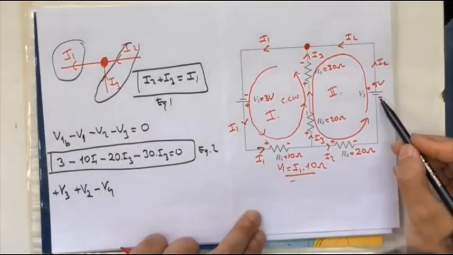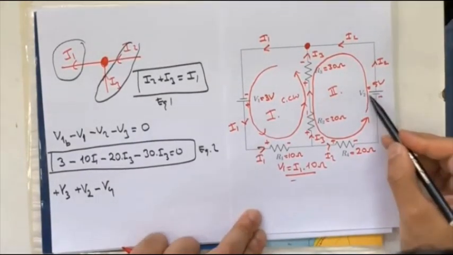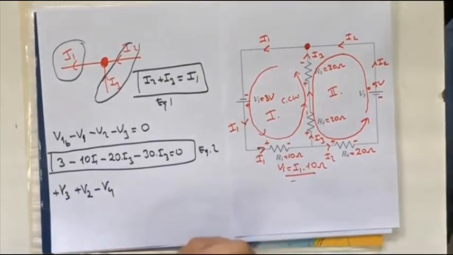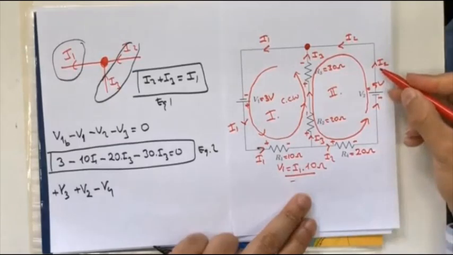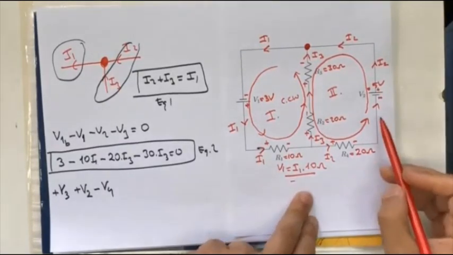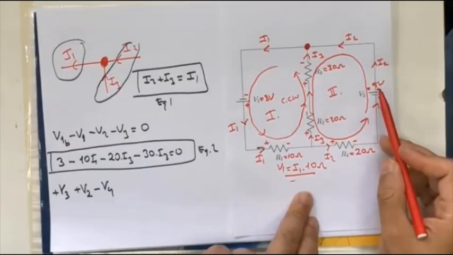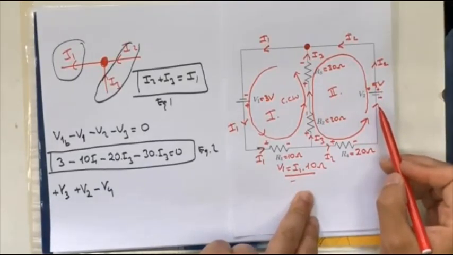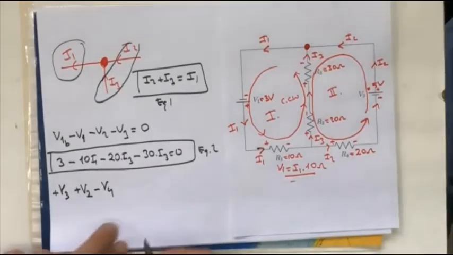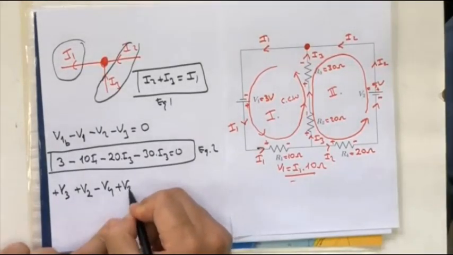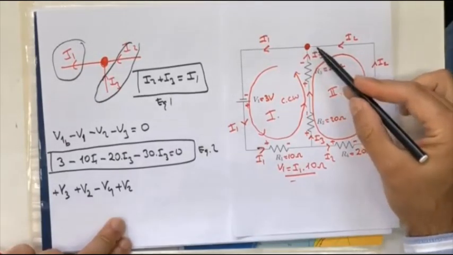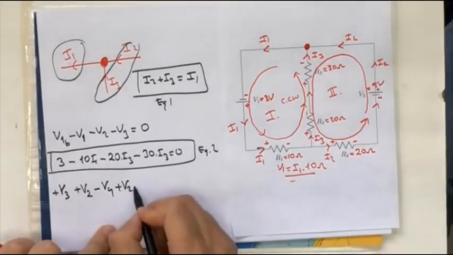Then, when I come to the second battery, V2 I mean, my current is passing from low potential to high potential, so here plus. It increases the energy of the charges, so the potential will be positive, plus 5 volts or plus V2. Then I come to the junction again and complete the loop, so it will be equal to 0.